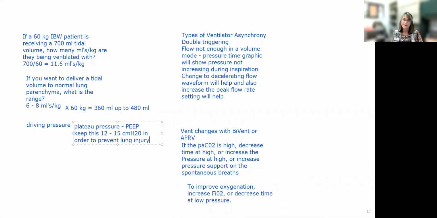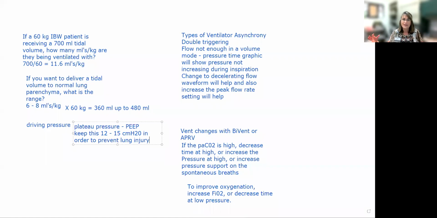when you're reading. Keeping that 12 to 15 centimeters of water will prevent lung injury. So you would turn down the tidal volume until you get this driving pressure to be between 12 and 15 centimeters of water. If you started off with a 700 ml tidal volume and your driving pressure is really big, you go down to 600 ml, do another plateau.